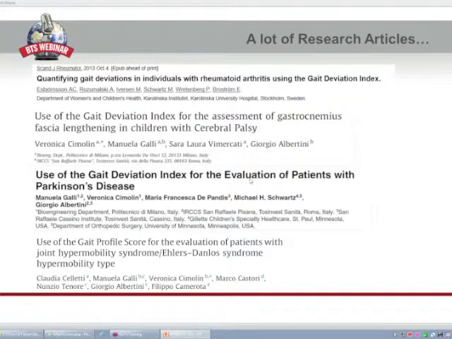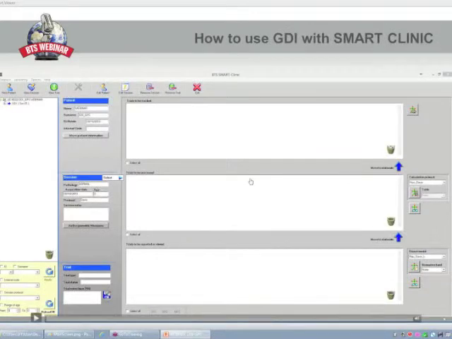And it has been established that they are both significant not only for CP patients but also for other pathologies. On this slide you can see some of the available papers, but if you look on the internet or in PubMed, you will find a lot of publications. So now let me show you how to use these two indexes within our application.